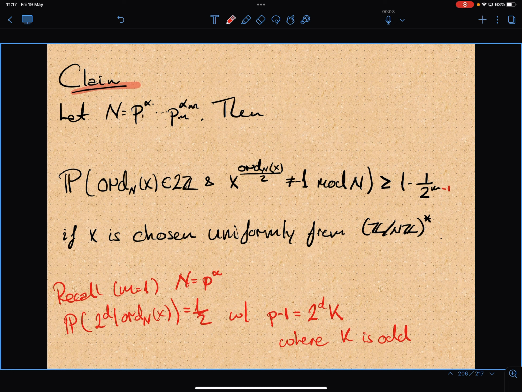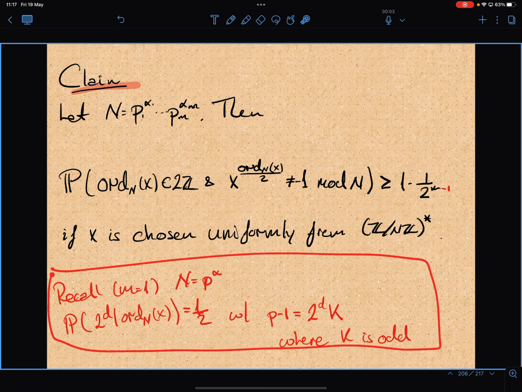I forgot to check that explicitly, but I think we'll see how it works in general, because we're going to rely on this statement to prove this statement.